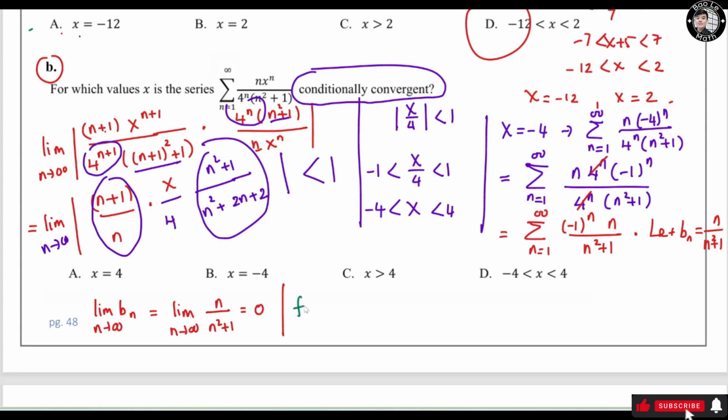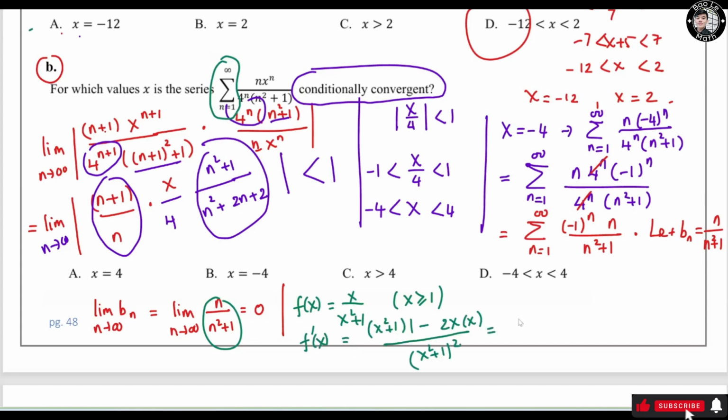I'm going to let f of s equals s over s squared plus 1, with domain s greater than or equal to 1. Look at this one right here. I'm going to check the derivative of this one using the quotient rule.